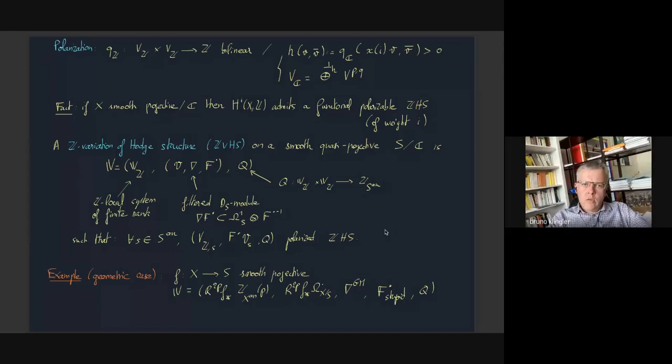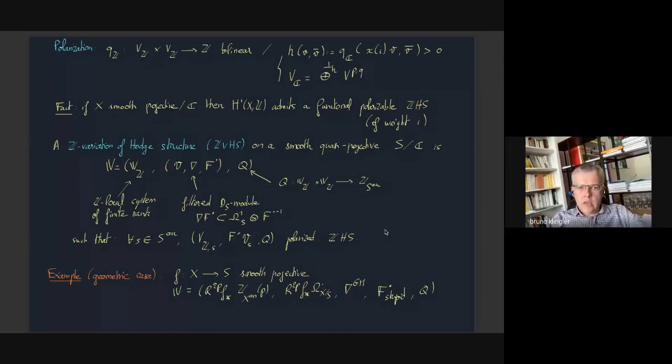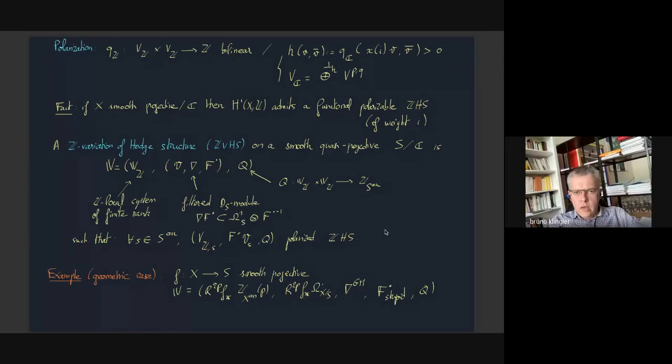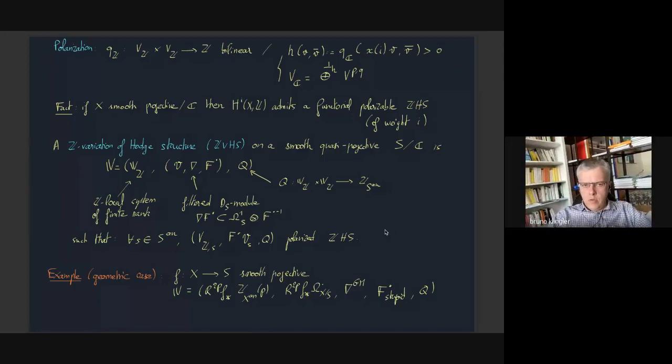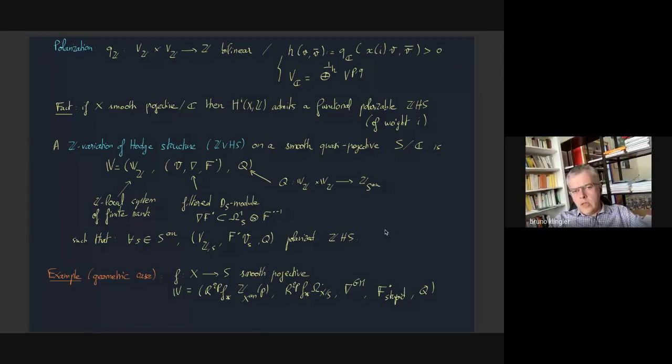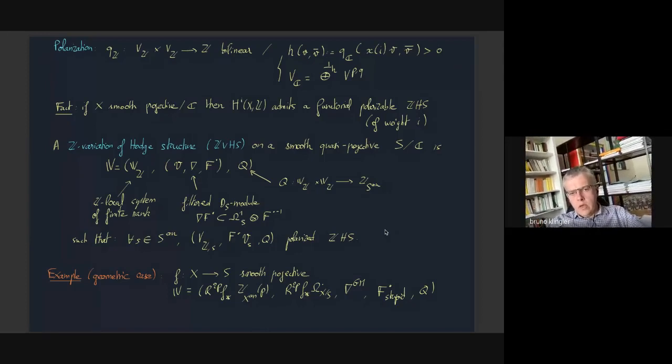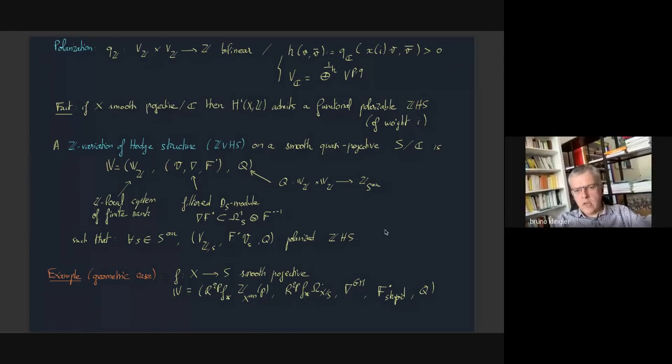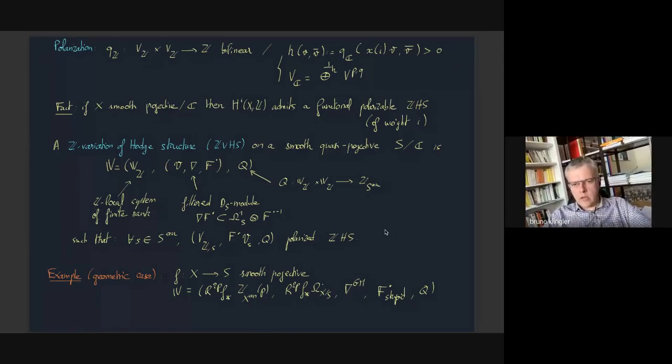So this is the bundle V and nabla, and you ask that this guy is a filtered D-module when you consider the Hodge filtration. And finally, the last piece is the polarization, on which I don't want to insist. And the requirement is that at each point of the base, if you look at what this triple gives restricted to that point, then you get exactly a polarized Hodge structure in the previous sense.